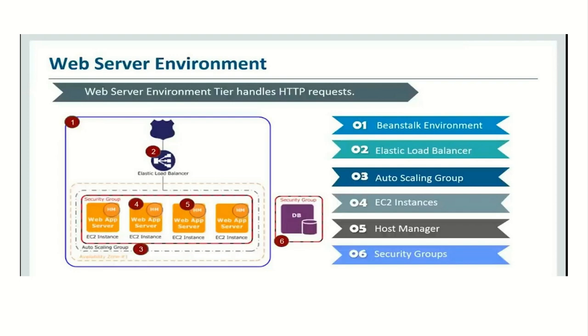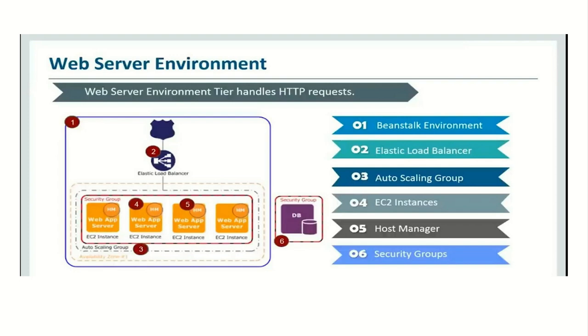For example, let's say my environment has an Apache Tomcat container. So what it does, it installs Amazon Linux operating system, Apache web server and Tomcat software on my EC2 instance. Similarly, depending on our application requirement, it installs a different software stack on our EC2 instance.